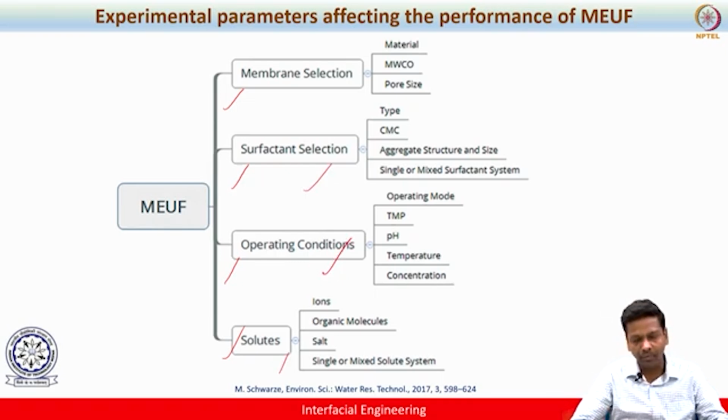So when we talk about membrane selection, the material of construction, the material using which membranes are made up, right? That is very important. For example, there are two parameters that one has to look at very critically.